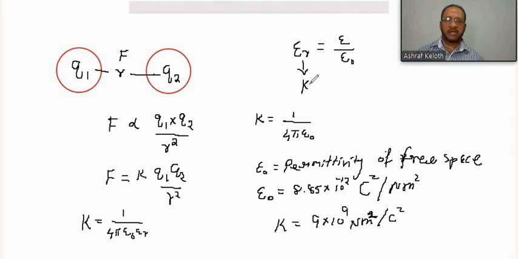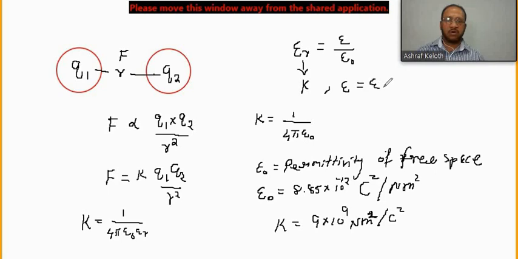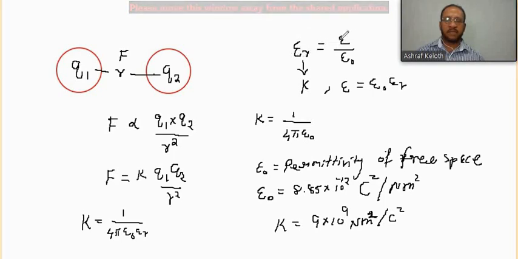It is also called the dielectric constant. So the value of K or epsilon r is epsilon divided by epsilon naught. From this equation, the absolute permittivity epsilon of a medium can be written as epsilon naught into epsilon r. So the value of K, 1 by 4 pi epsilon naught and epsilon r, came from the definition of relative permittivity, the ratio between the absolute permittivity of a medium to the permittivity of free space.